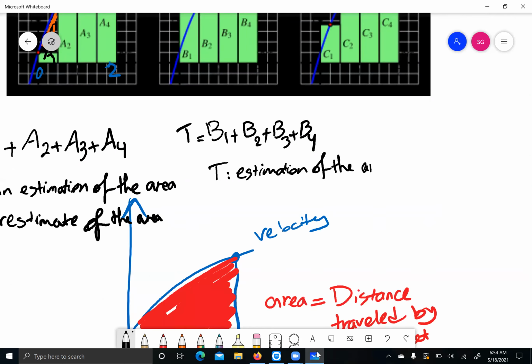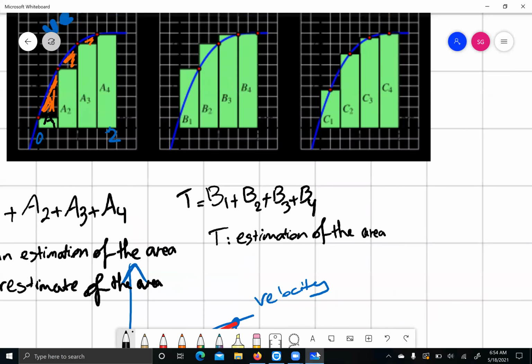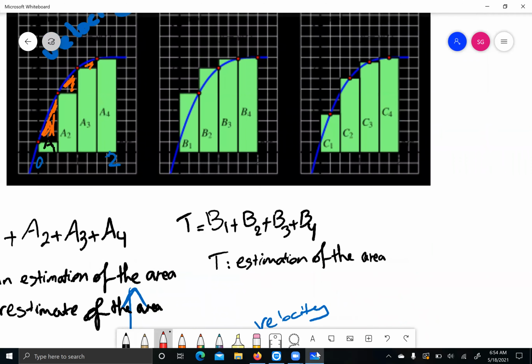But here we have more, look, this is extra. Because the area under the curve, this is above the curve. You see, this is extra, this is extra. So this is like an overestimate of the area. Please pay attention that there is no way to find the exact value of this area.